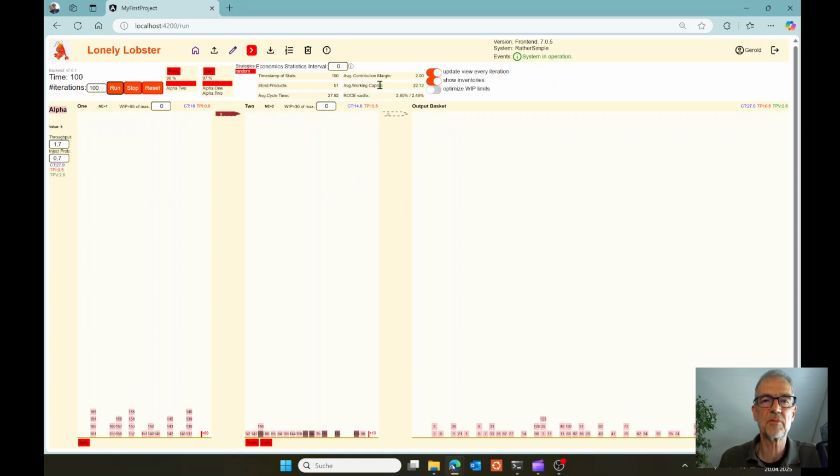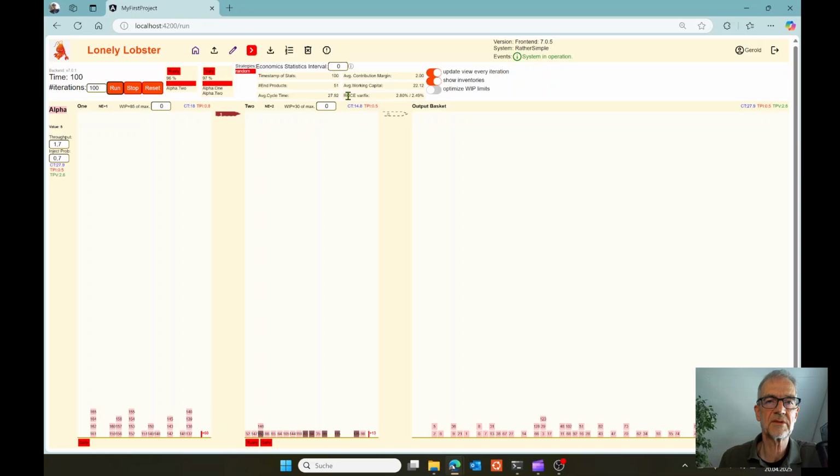Then you have here the average working capital is 22, which is pretty high. That is how much money we have to invest to make sure that we can hold all this material here in these process steps. What working capital really is might be easy to understand for economists and business managers, but if you would like to learn more about it, you will find that in the documentation that I showed you earlier.